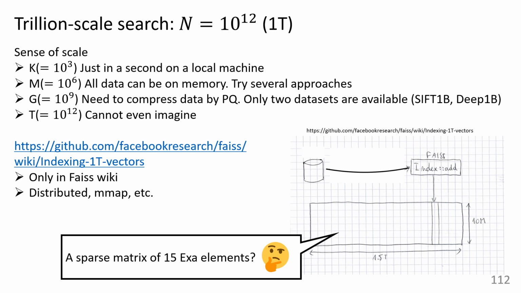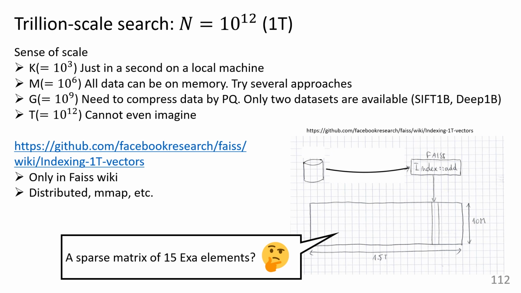And another topic is trillion scale search, N equals 10 to the 12, so 1 tera. So the sense of scale is that if it's K level, it's just a second on a local machine. If it's M, then all data can be in memory, so we can try similar approaches. If it's G, then we need to compress data by PQ, and only 2 datasets are available, right?